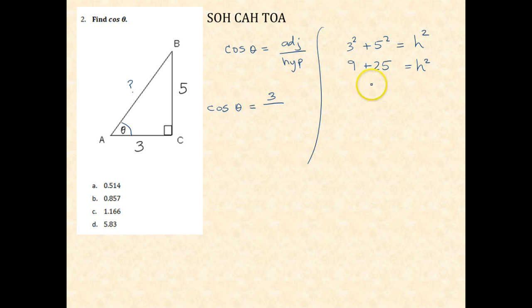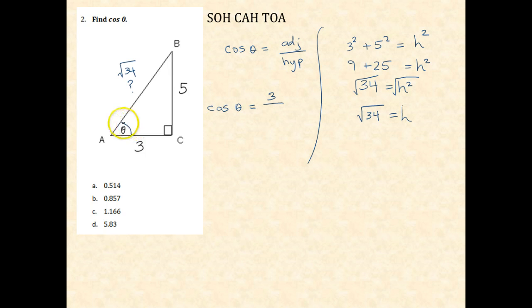That's the hypotenuse squared. 9 plus 25 is 34. So then if we take the square root of both sides, we get the square root of 34 equals h. So the hypotenuse is the square root of 34.